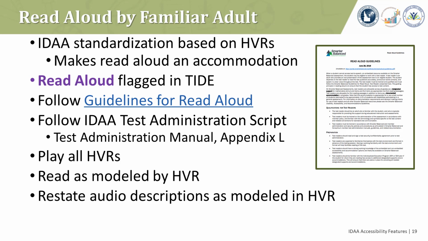For students with this IEP test accommodation, Read Aloud must be flagged in Tide. Teachers administering the test to a student with the Read Aloud by a familiar adult accommodation must follow all the processes and procedures outlined in the guidelines for Read Aloud that is posted on the ISAT portal.